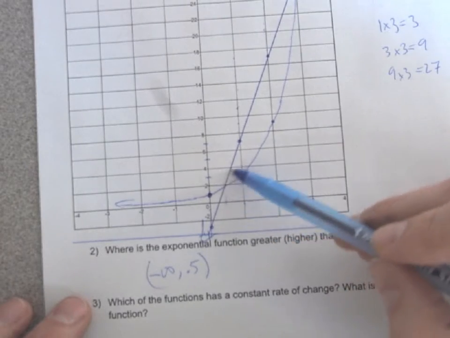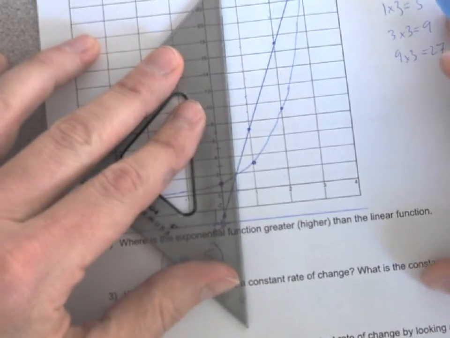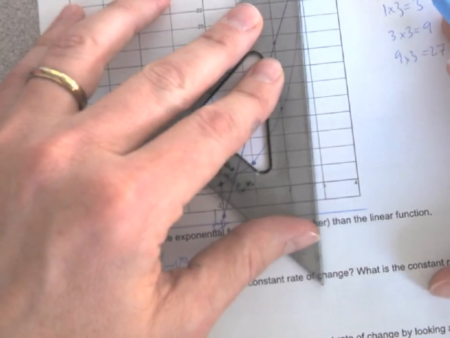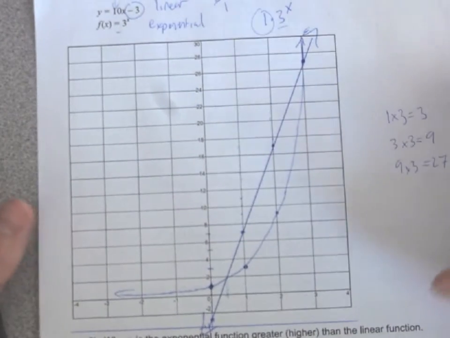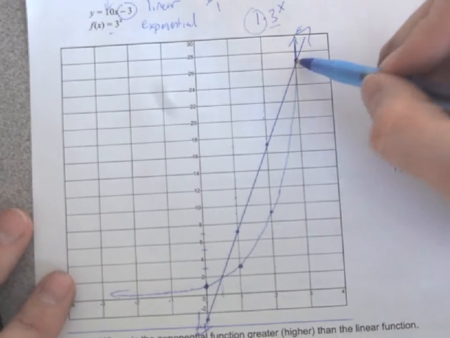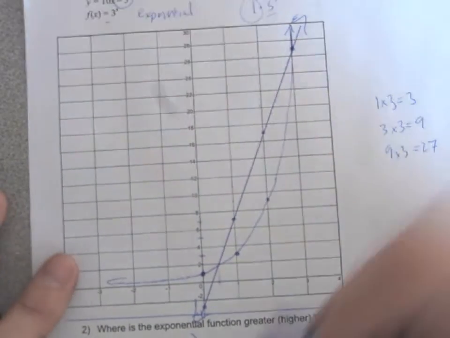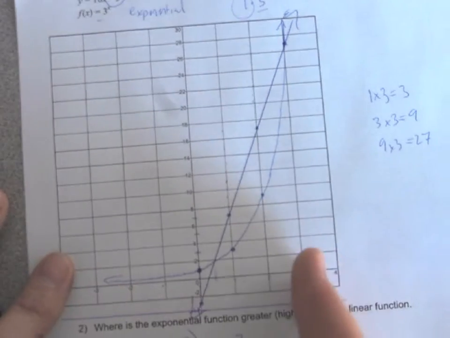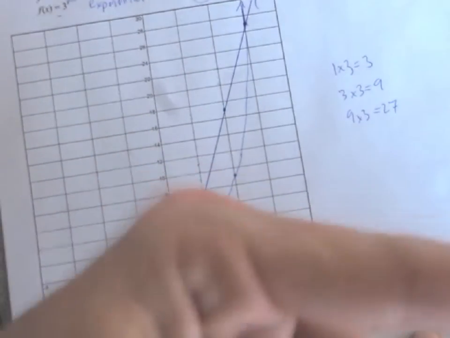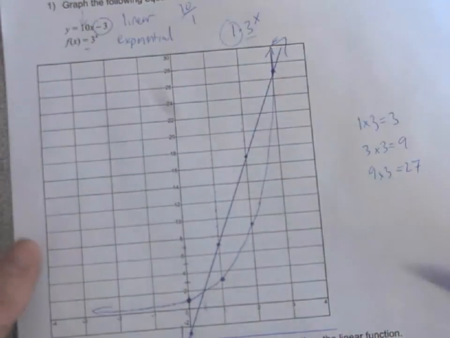But then the linear takes over for a while. So from about 1/2 here all the way until 3, the linear rules. The linear is in charge. It's bigger. It's above the other one. Then later, the exponential overtakes the linear again. So from 3 out to infinity, everything after 3, the exponential function is going to be greater.